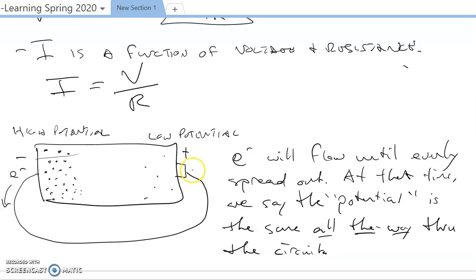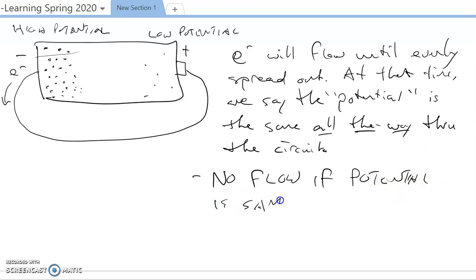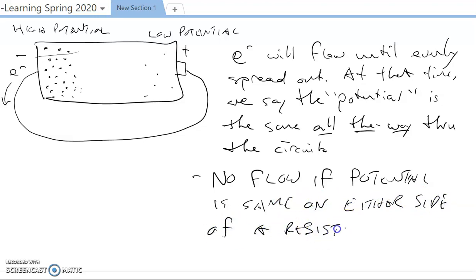Let's say it's pushing just as hard over in this area as it is in that area. You got it. They won't flow at all. No flow if potential is the same on either side of a resistor.